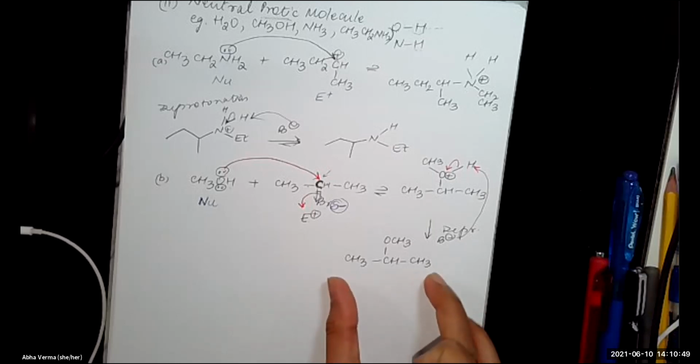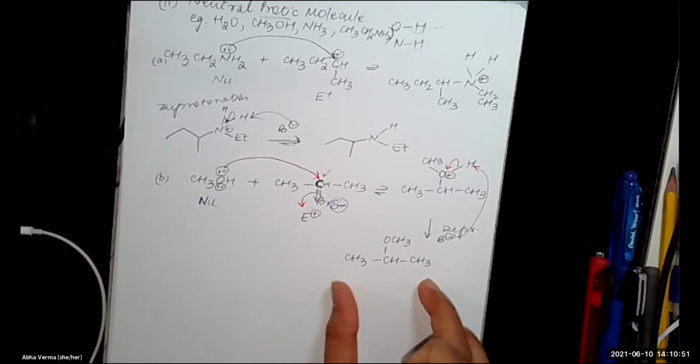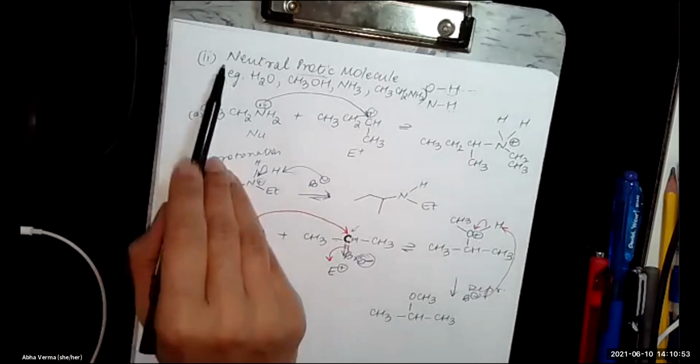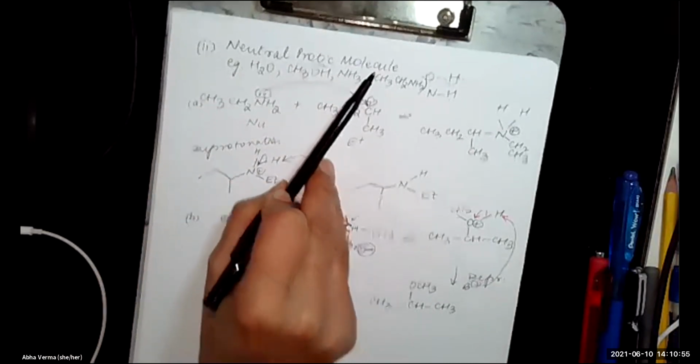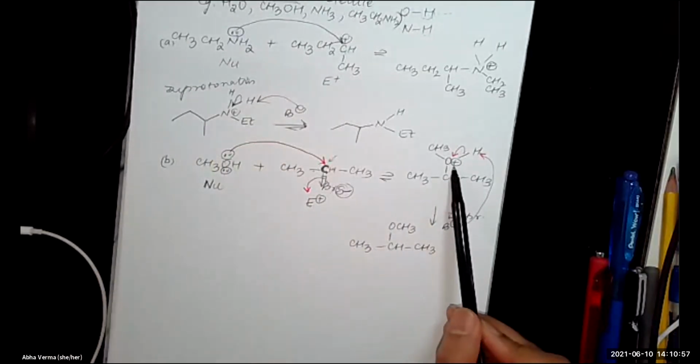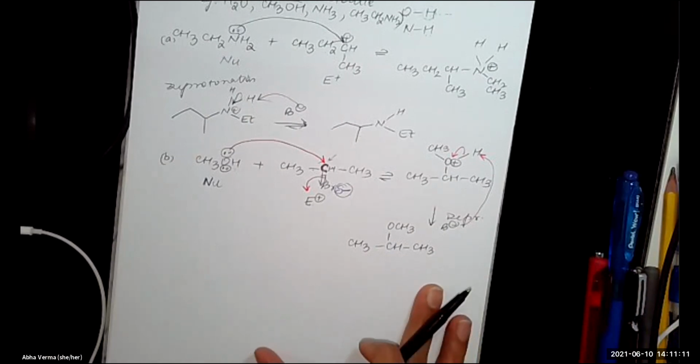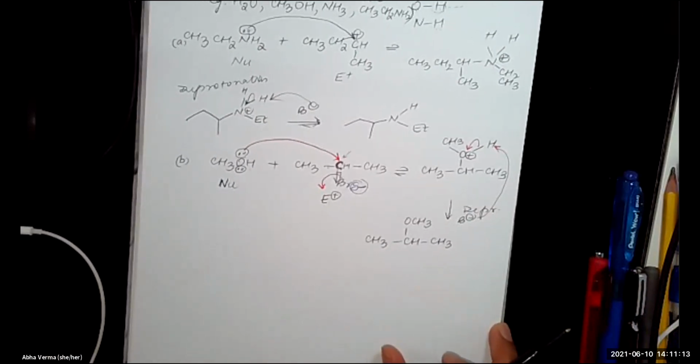Do you see this? You need to have a neutral molecule. So from neutral protic materials, you will be generating a positively charged intermediate. You will be doing deprotonations to get your neutral molecule. So any questions so far?